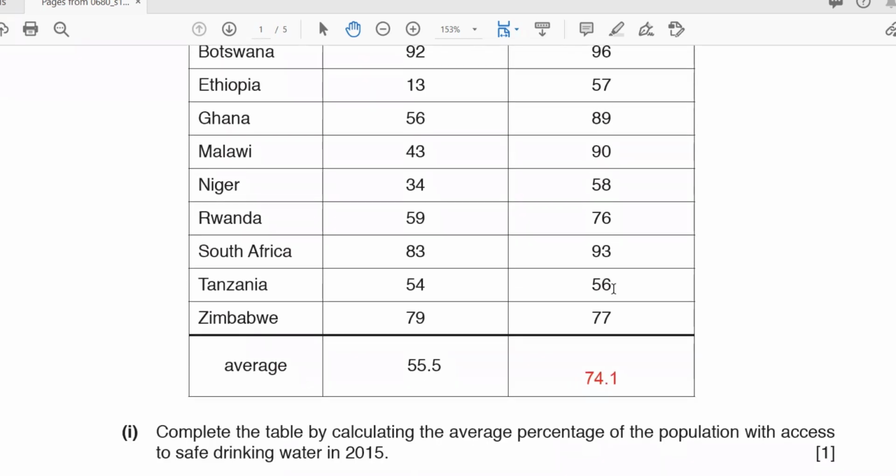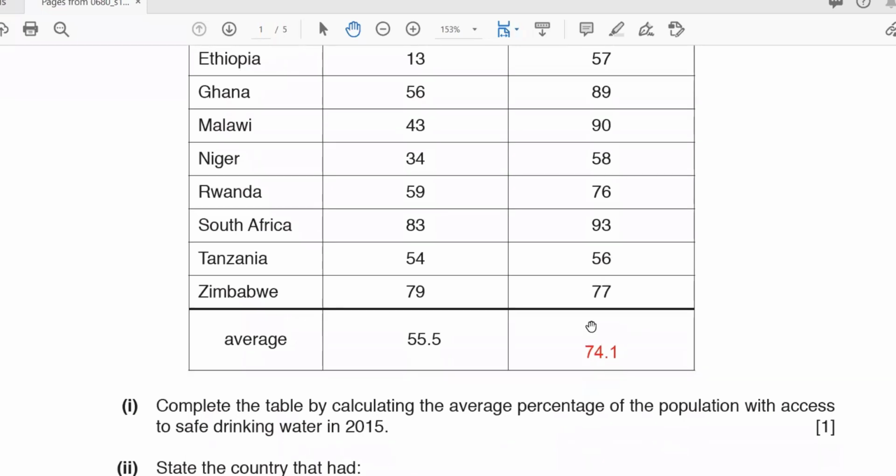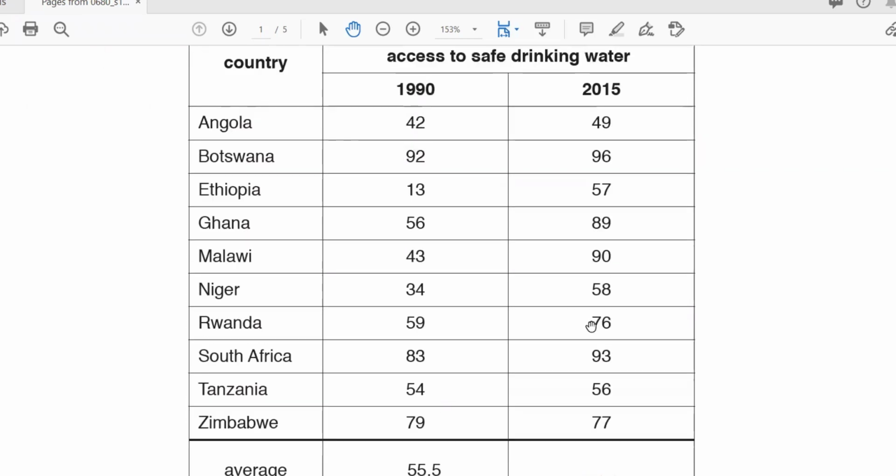Now, state the country that had a decrease in access to safe drinking water from 1990 to 2015. Which country has a decrease in safe drinking water? Which one? Zimbabwe. No, don't guess. It's a simple question. In the beginning they have more, but here it becomes less.